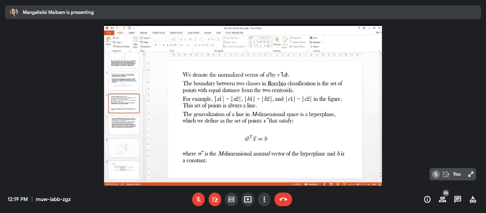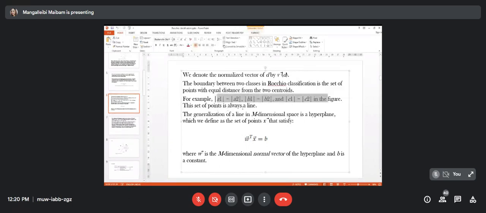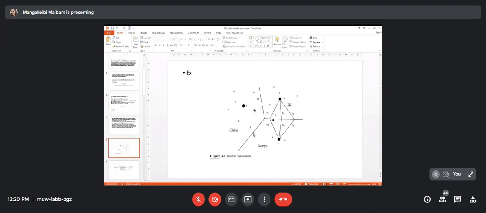Equal distance means we should have the same radius. For example, this is given here in the figure, whose set of points is always a line. So we will see this symbol here.